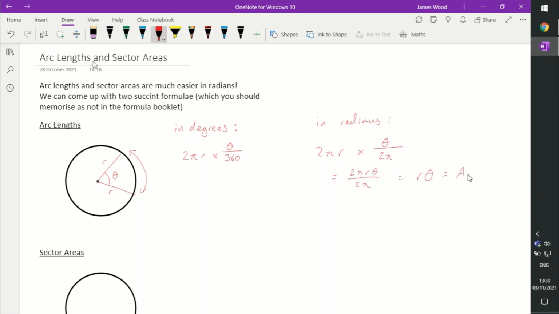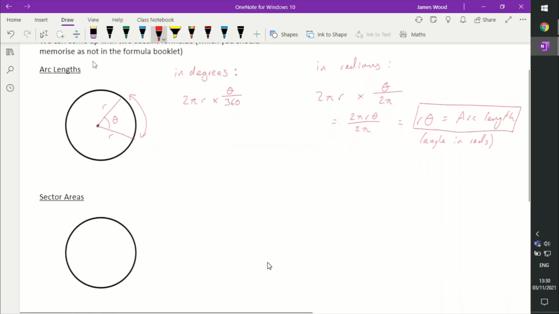So the arc length, when you're working in radians, is just r theta, which is a really nice short formula. So you can just use the radius times the angle, as long as your angle is in radians, to find the arc length.